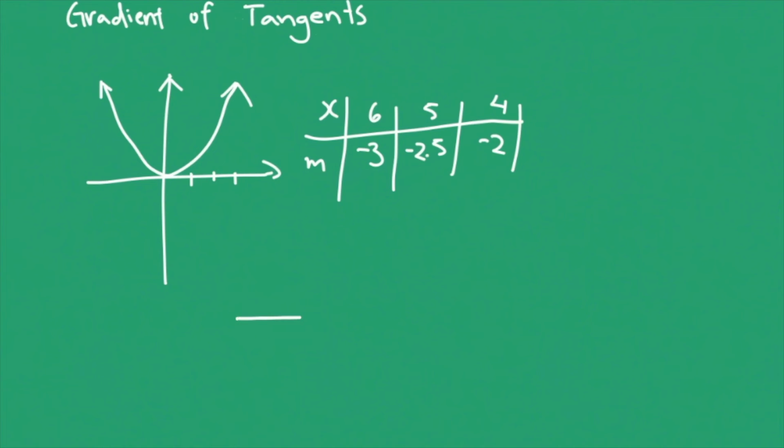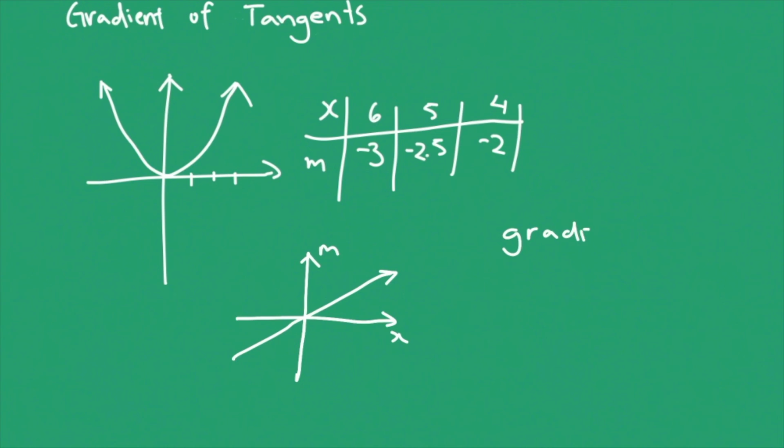So if I draw a graph and let the x-axis be x and the y-axis be the gradient, we'll see that it became a linear function based on the table. So this is what we call a gradient function or a derivative function.